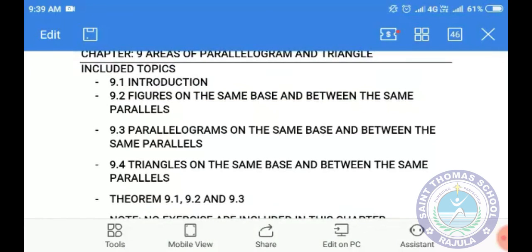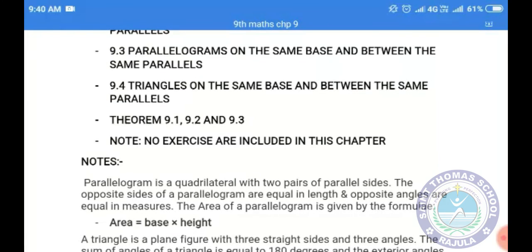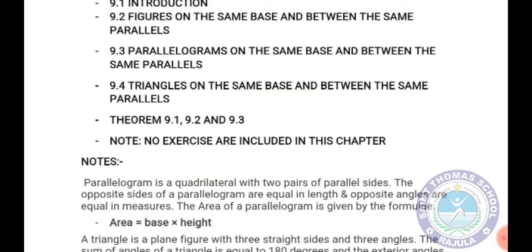We have studied parallelograms on the same base and between the same parallels, and triangles on the same base and between the same parallels. On that basis we have studied three theorems, 9.1, 9.2 and 9.3, which you have to keep in mind, meaning you have to learn by heart along with all the figures.